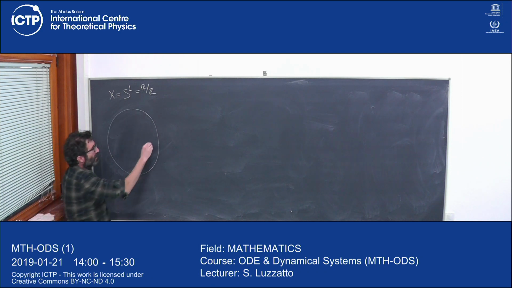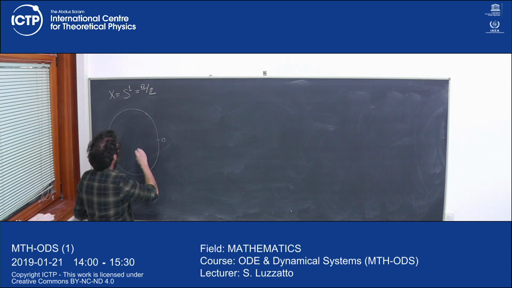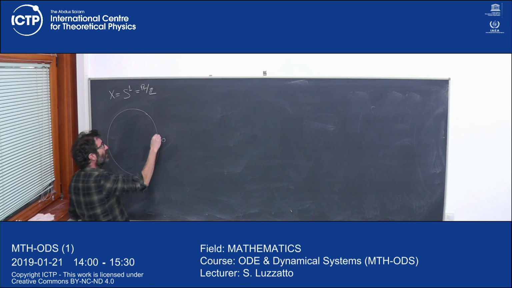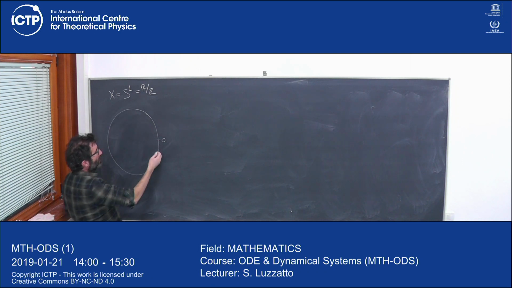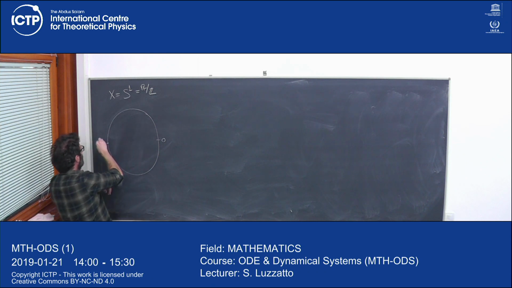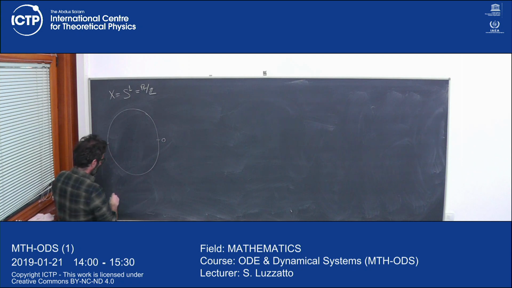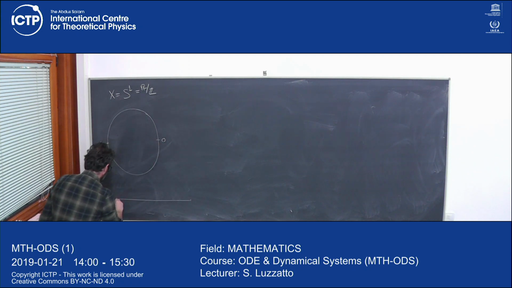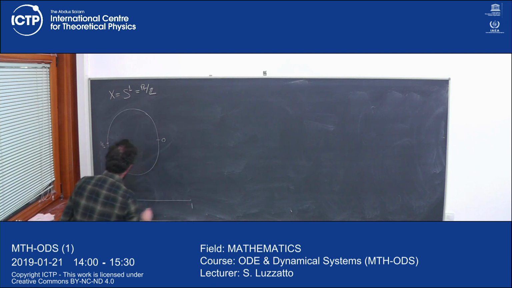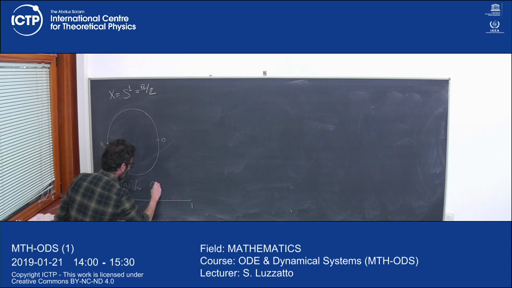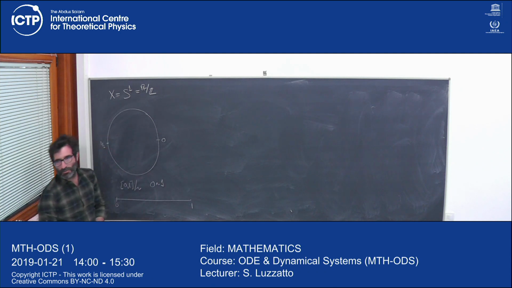So we have a special point here which is 0, and then the length of this is 1. This is 1/2, and sometimes you even draw it like this. It's just the unit interval 0, 1 with the equivalence relation that 0 is equivalent to 1.